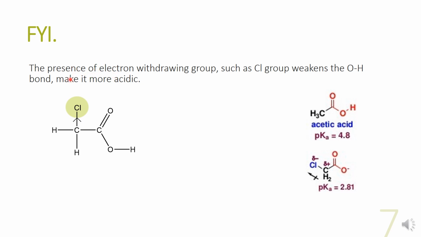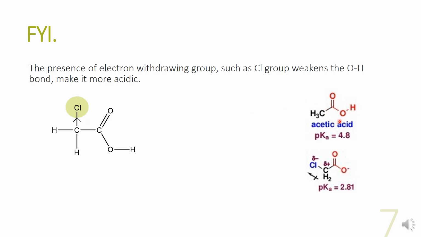Right. And here, whenever we have an electron withdrawing group, such as a halogen like fluorine, chlorine, or bromine, it will weaken the OH bond even more. Thus, this type of acid with an electron withdrawing group attached to it will give you a more acidic substance.